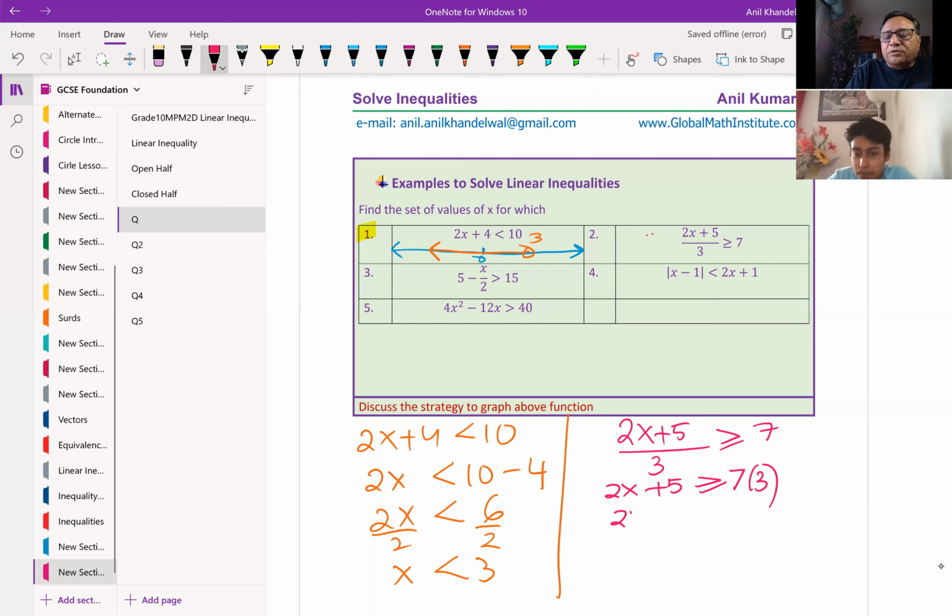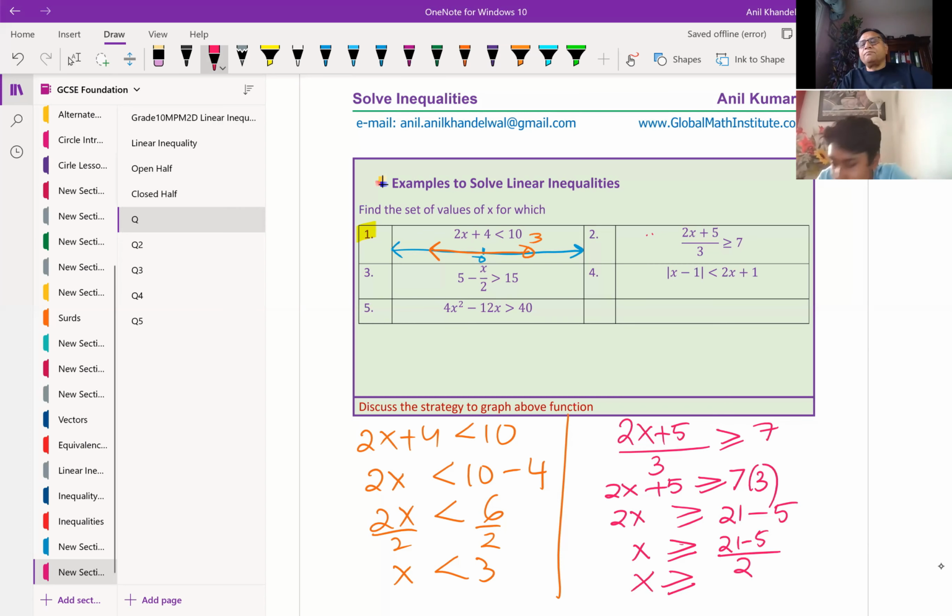Perfect. And then I'll bring the 5 to the other side and continue solving to find x. Correct. You can divide by 2, right? So 21 minus 5 divided by 2 is the value of x. It is greater than or equal to, what do you get?